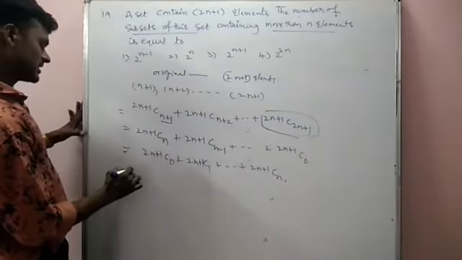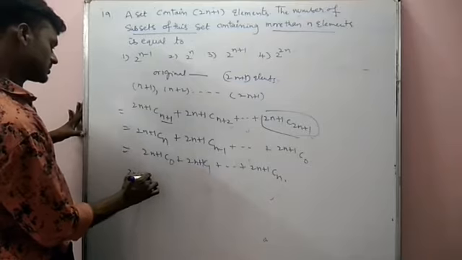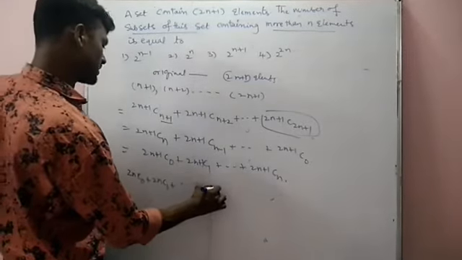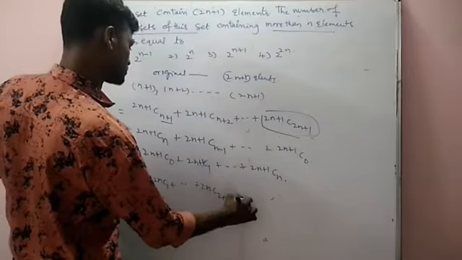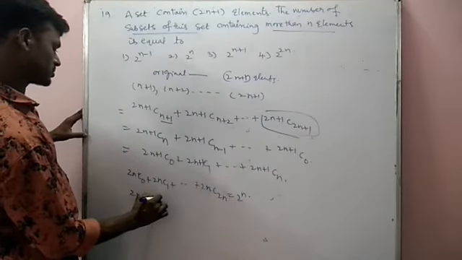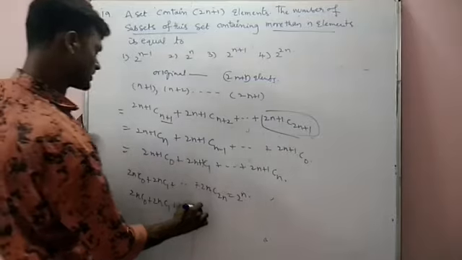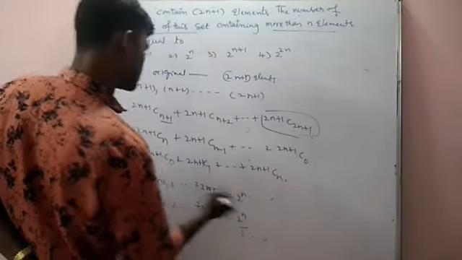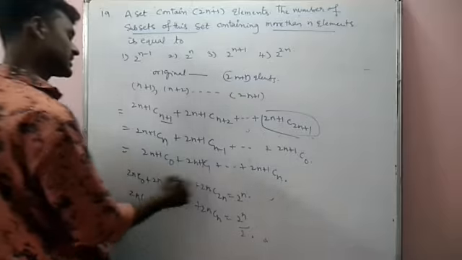But we know that 2n c0, 2n c1, and so on up to 2n cn is half of 2 power 2n, so here you have to write half.